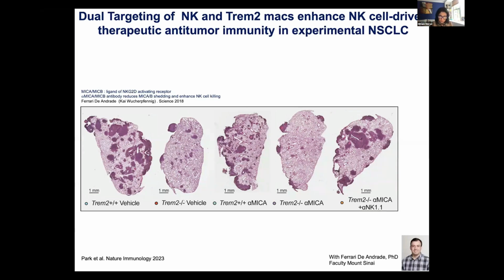We then treated these mice jointly with this TREM2 antibody and an antibody that Lucas made to engage NK cells. So we reduce this macrophage program that reduces NK cell function, and at the same time increase NK cell effector function. We saw that this combination was quite synergistic in reducing tumor growth, and this reduction depended on NK cells.